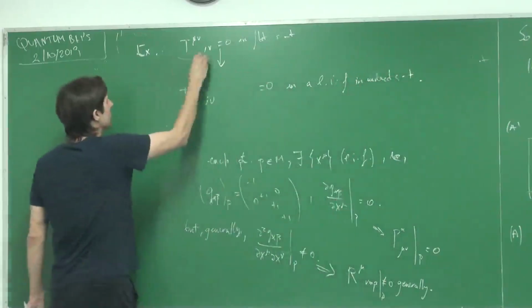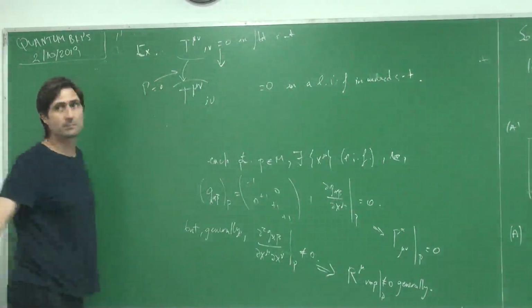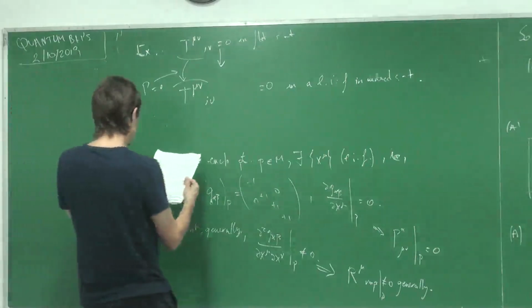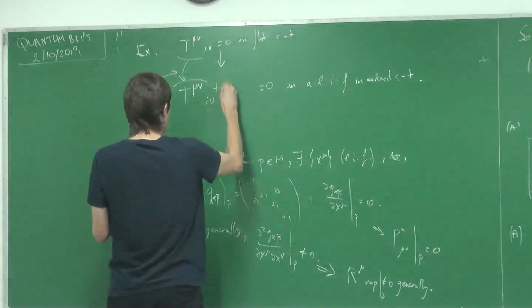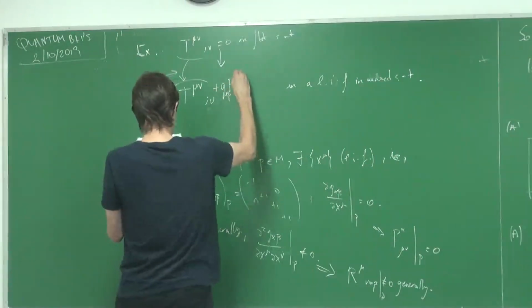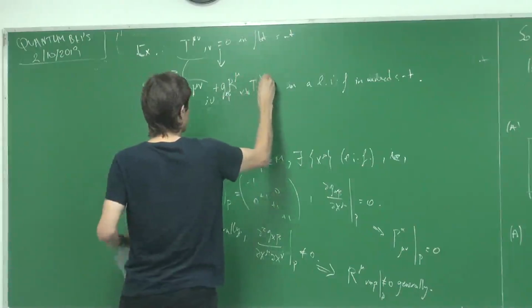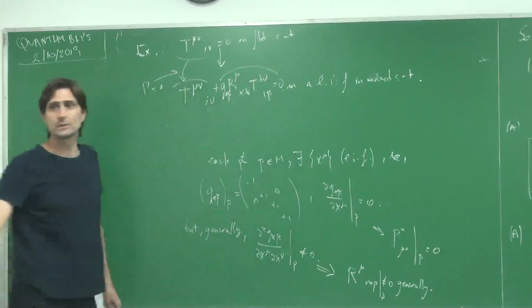I can go from here to here because the Christoffel symbol is equal to 0. Now, could I do something like this? Could I add something like this? Am I allowed to do this?